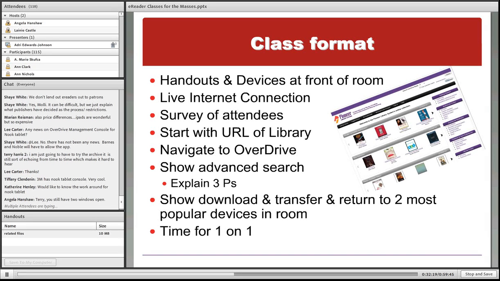We do an authentication method for our Wi-Fi that requires customers to accept a terms of service page, which honestly breaks about 90% of the e-reader devices out there.